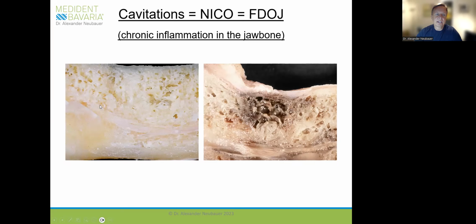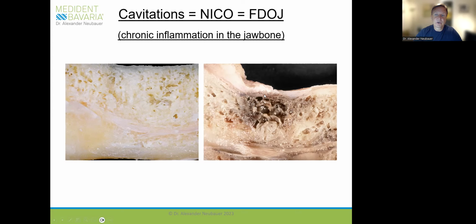On the one side here, you see the healthy jawbone. On the left side of the picture, you see a healthy bone, which is highly mineralized. It's a very strong, healthy bone, like you would expect. And on the right side, you see a jawbone with a black hole, and you see all these small holes, and from first sight, I think you agree with me, it looks not really healthy.